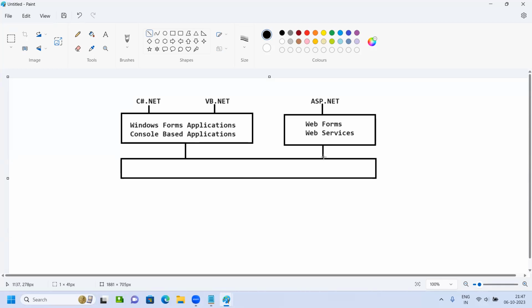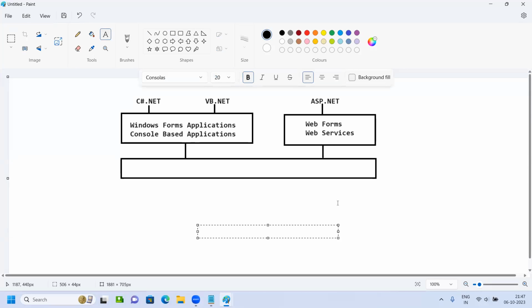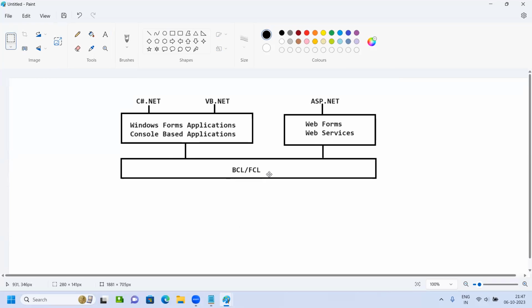But in background, they both are using BCL, FCL only. Base class library and framework class library. The ready-made things which Microsoft has provided through BCL, FCL, they both are utilizing the same thing. Though their application development is different, they both are utilizing the same library.